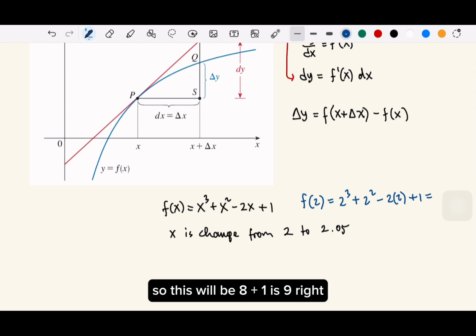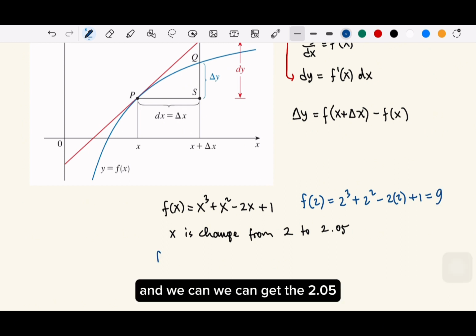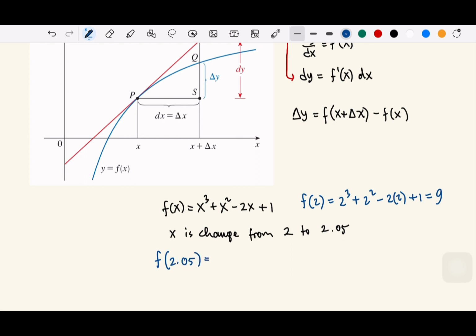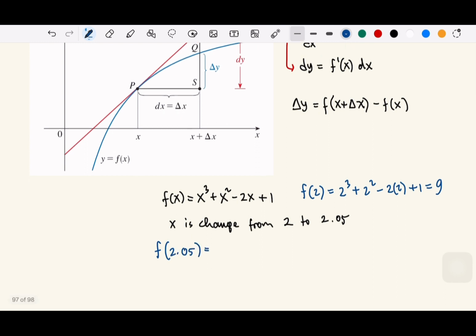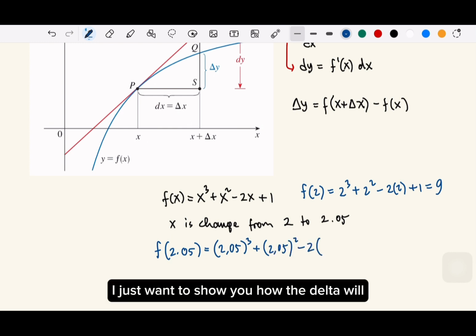So this will be 8 plus 1 is 9, right? And we can get f of 2.05 from the equation. So you just take some time to calculate this. I just want to show you how the delta will be related to the slope.